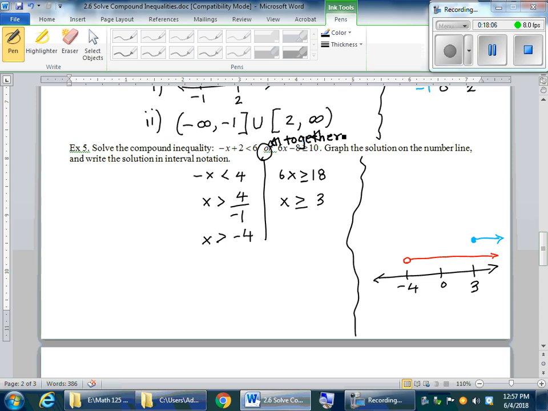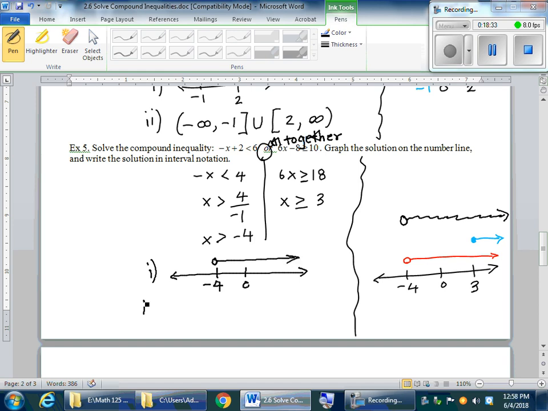So that means if I combine this red and blue graph together, that will be starting from here and everything goes down. So my answer will be, here is my graph, -4, open circle, go in this direction.